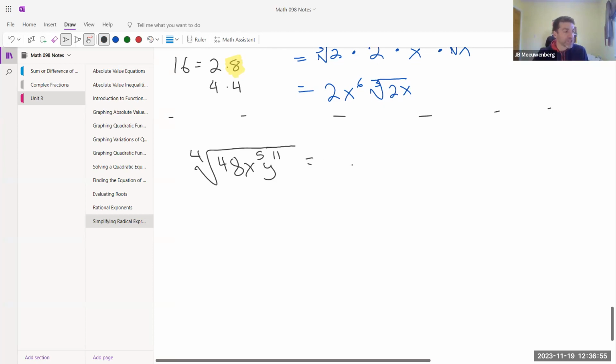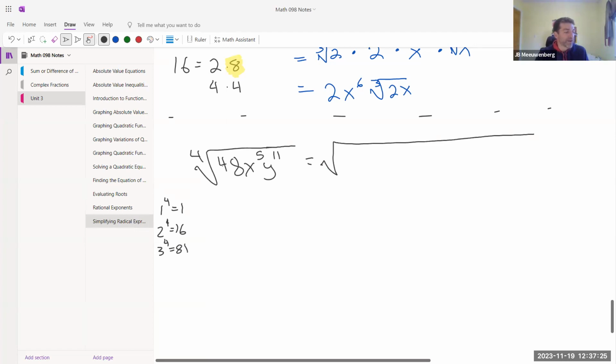So we have a number and 2 variables to figure out here. 48. We need to break it up into 2 numbers, and one of them has to be some number to the 4th power. I can't figure out those in my head. I'm going to have to jot those down first. 1 to the 4th is equal to 1. 2 to the 4th is equal to 16. 3 to the 4th is equal to 81.